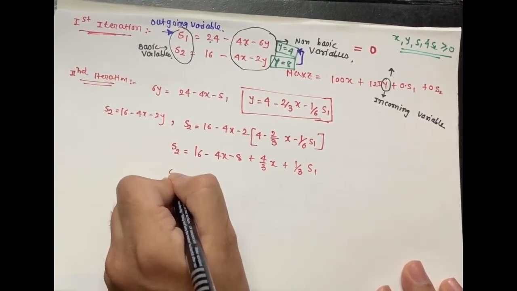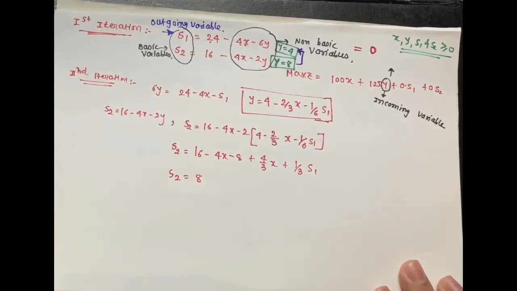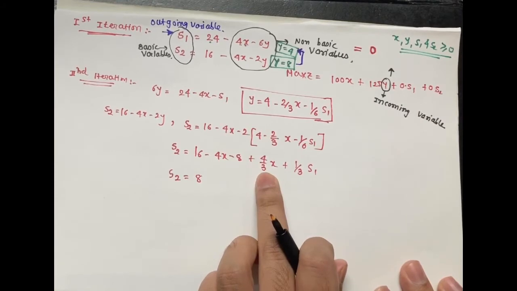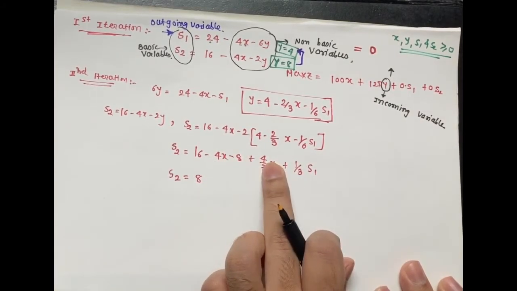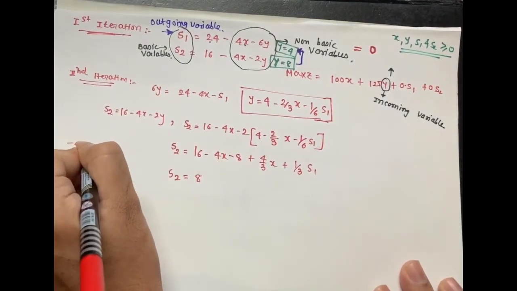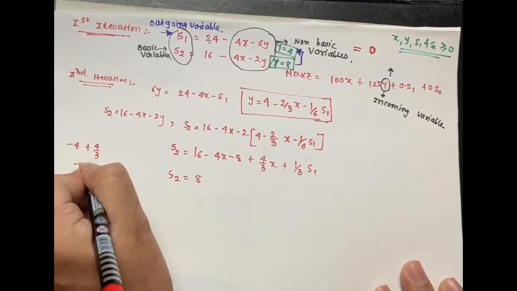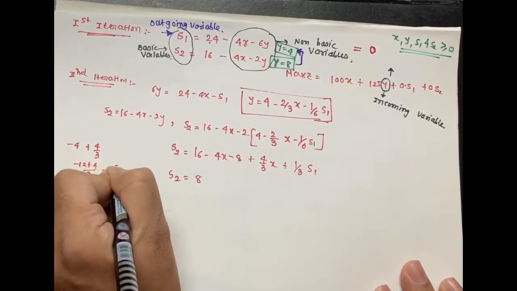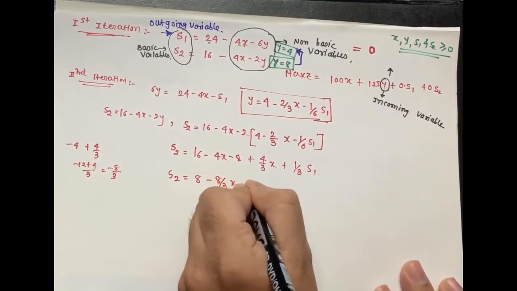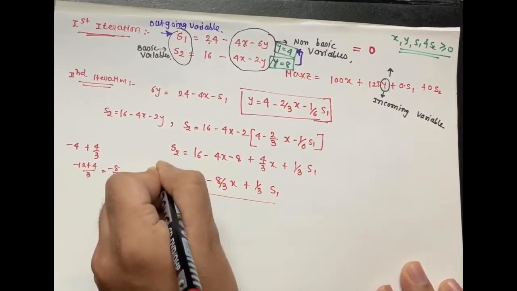So s2 I am getting here is 16 minus 8, that is 8, minus 4x plus 4 by 3x, so minus 12 plus 4, minus 8 by 3x. You can do it here as well, minus 4 plus 4 by 3, so it gives me minus 12 plus 4 divided by 3, it is minus 8 by 3, so minus 8 by 3x plus 1 by 3 s1. This is my second equation.